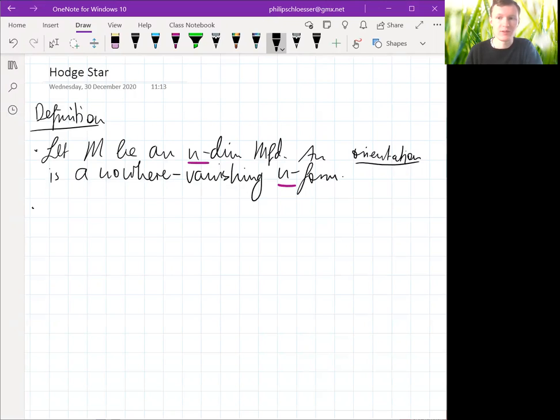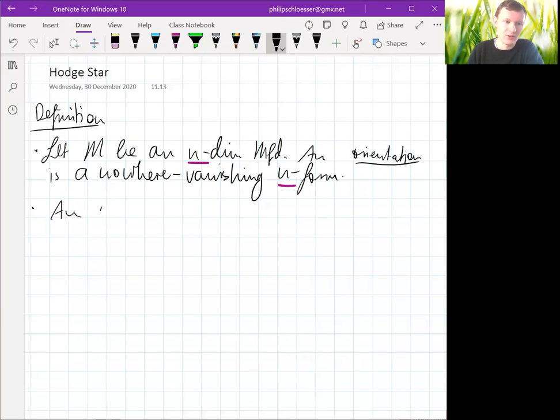Examples include spheres, R2, Rn, whatever you want to think of, but not things like the Möbius strip or the Klein bottle, or projective space. I guess some projective spaces, not all of them.